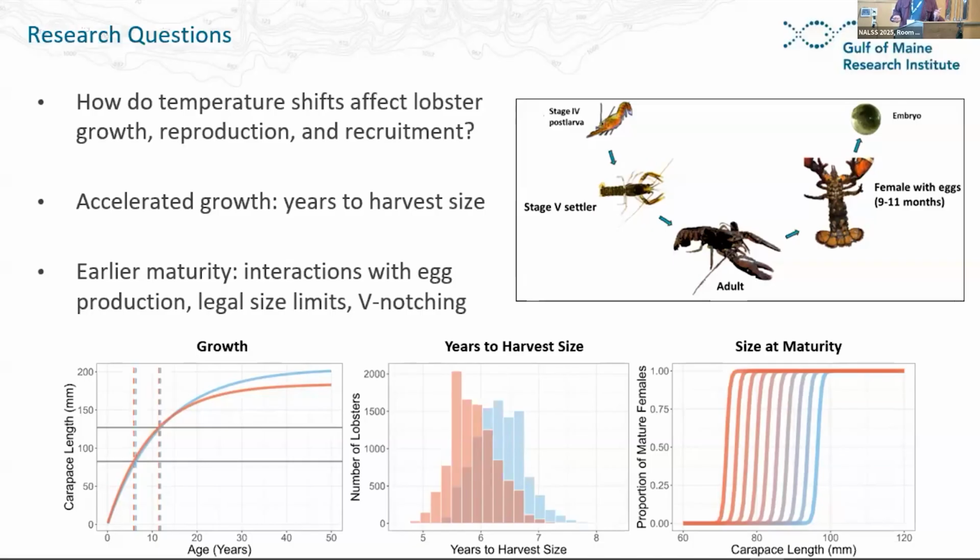The legal size is 82 point something, and depending on the temperature regime, you can have individuals that are maturing but then being fished out before they're able to contribute to the population. So those legal size limits really matter, particularly in this lobster fishery where a lot of individuals that just make it to that size are pulled out. And then also, associated with conservation measures, looking at V-notching prevalence and how that affects population dynamics overall.